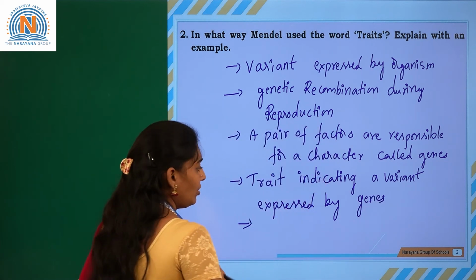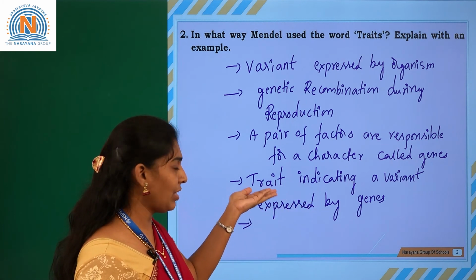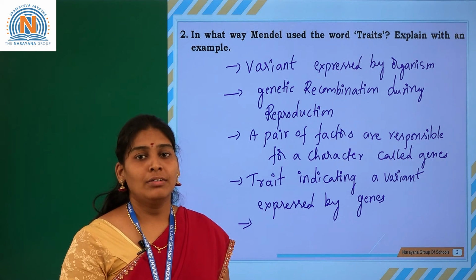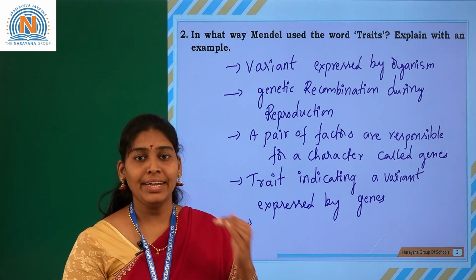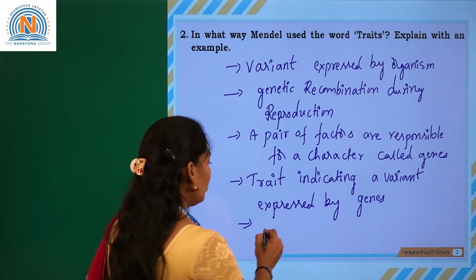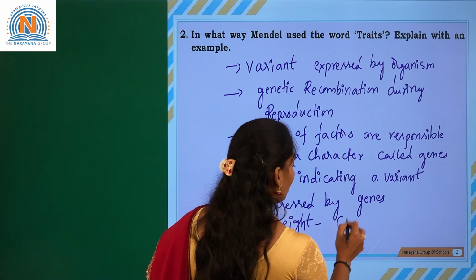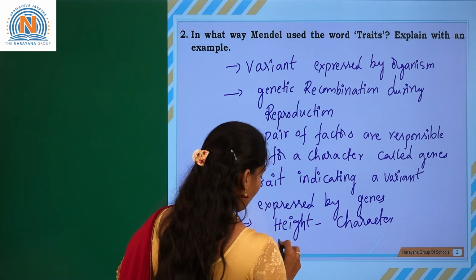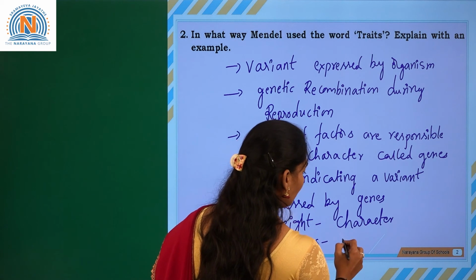Generally, if we take characters and traits, for example in human beings, height is a character and tallness is a trait.